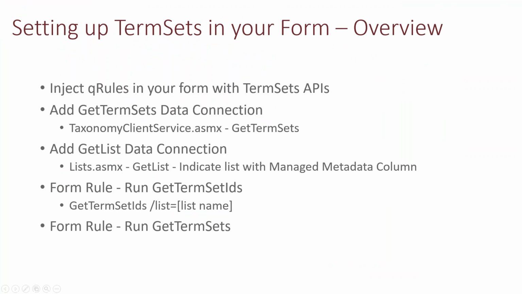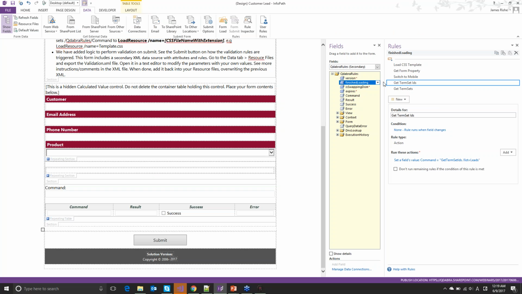And then once you've queried that information, there's one more rule to call, get term sets. If you've used all the default data connection names, you don't need to pass it any parameters. You just call get term sets. And this uses those IDs you loaded in plus the get list data connection to query information from the list and load information about those term sets into your form.